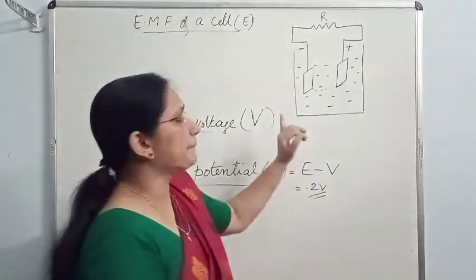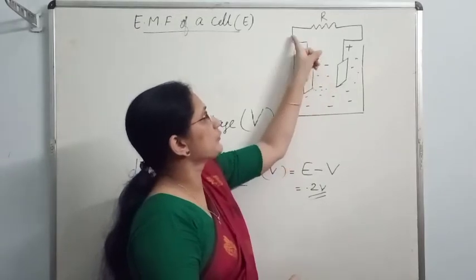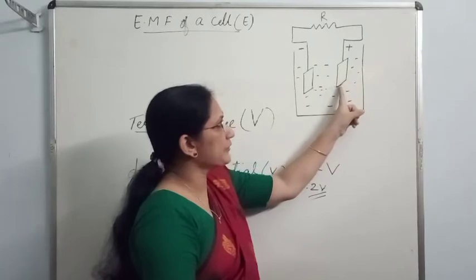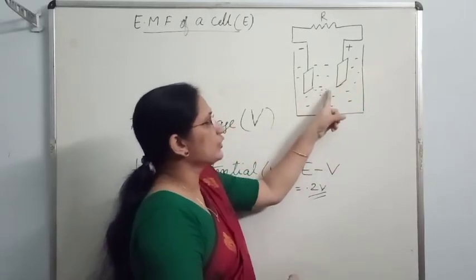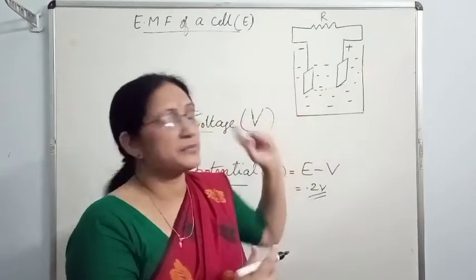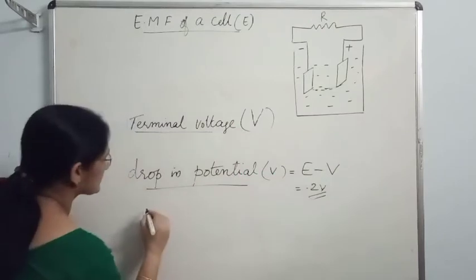If you look at the complete path of the electrons, it is like this. It starts from here, it flows through the resistance R, reaches the positive terminal, then from there it reaches back here through the electrolyte. So that electrolyte provides some resistance. That resistance we call internal resistance.